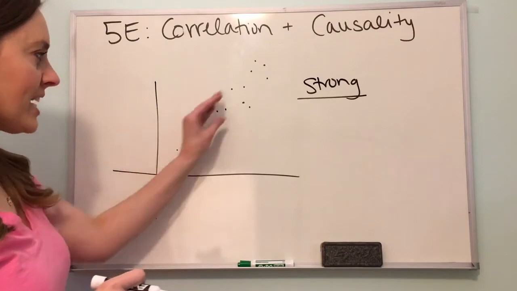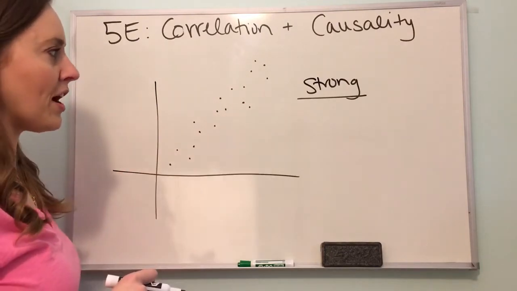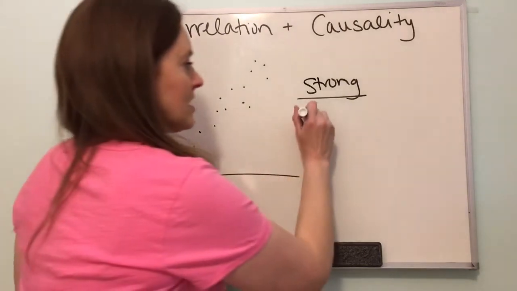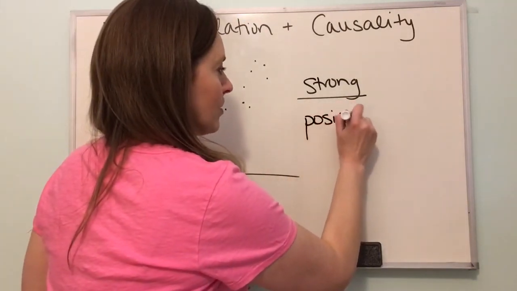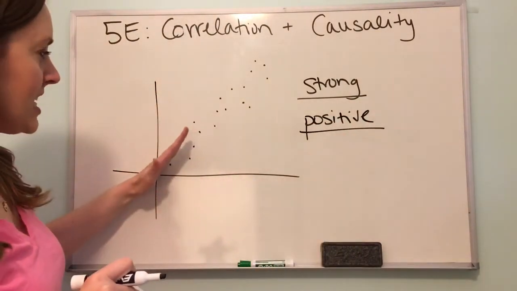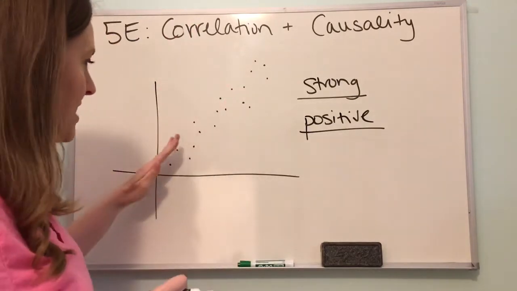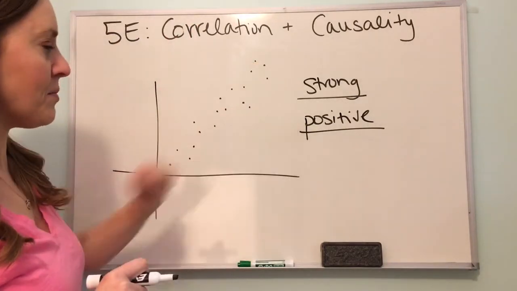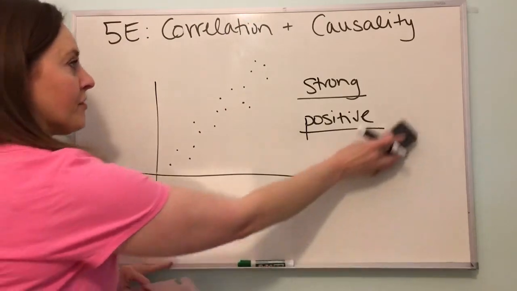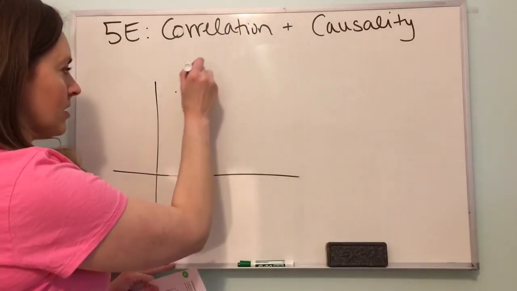All of the data kind of is in the same general area, so it has a strong correlation. I would also say this has a positive correlation, because if you were to plot a line in here, it would go uphill, right? We kind of read math from left to right, so it would go uphill, so that would make it positive.